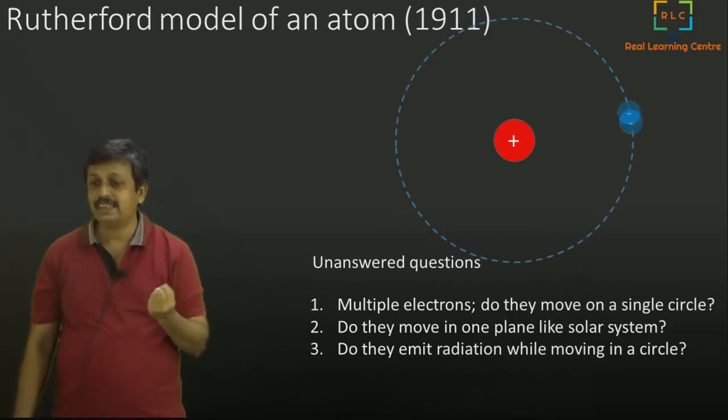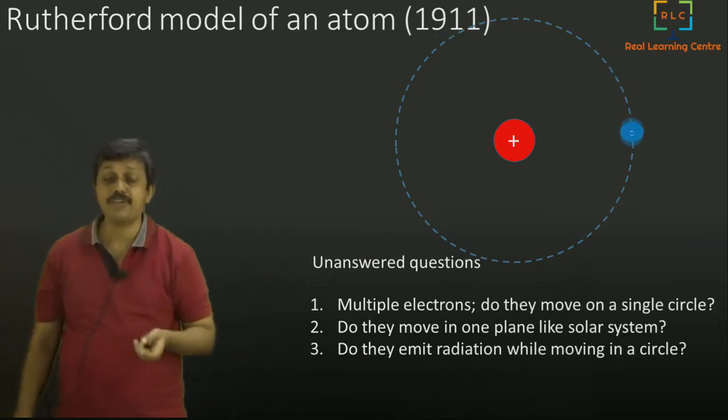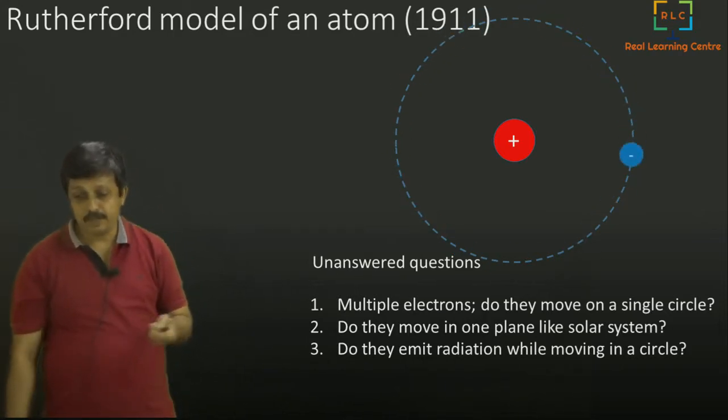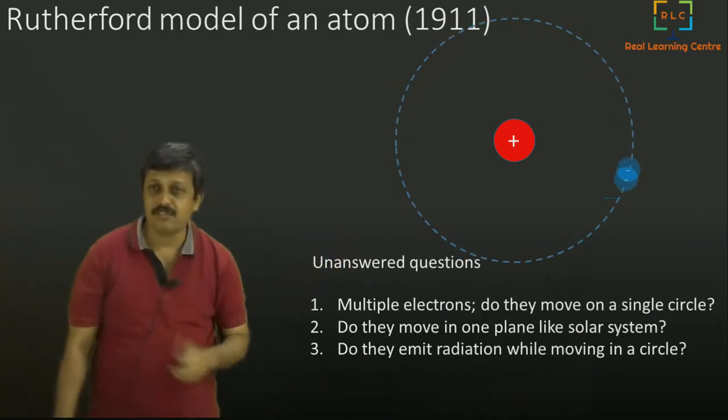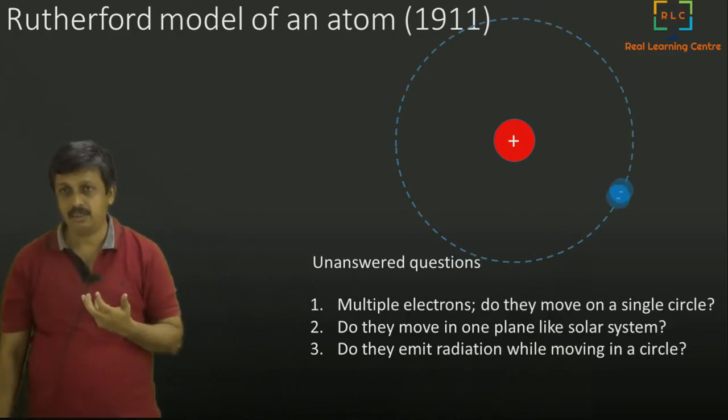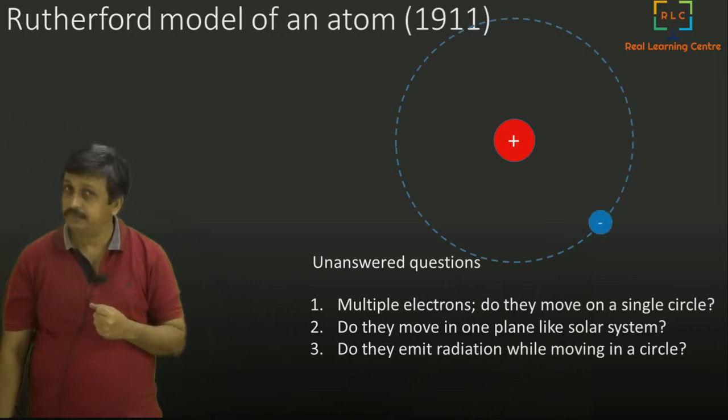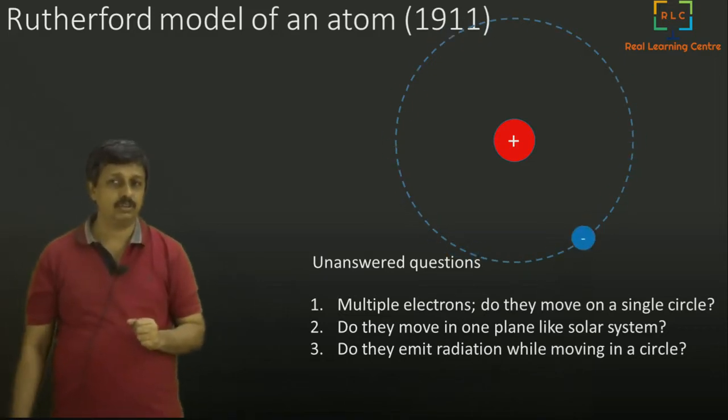Because an accelerating charge is supposed to emit radiation. Do they emit radiation when they are moving in a circle? That is another question that was there. So let us see how to answer these questions.